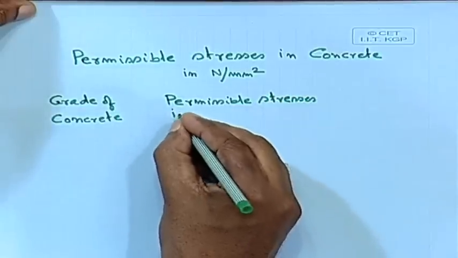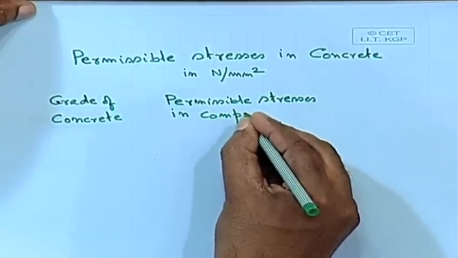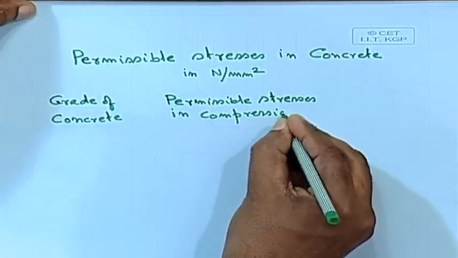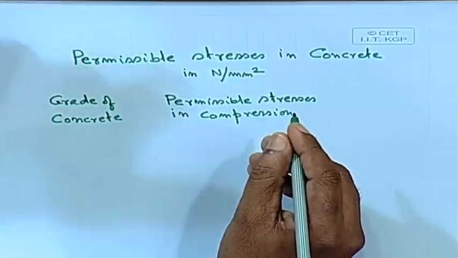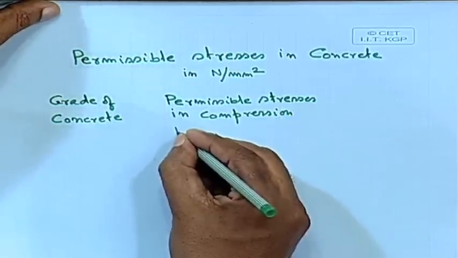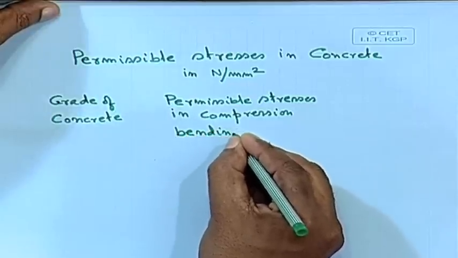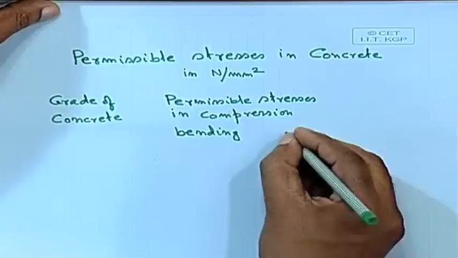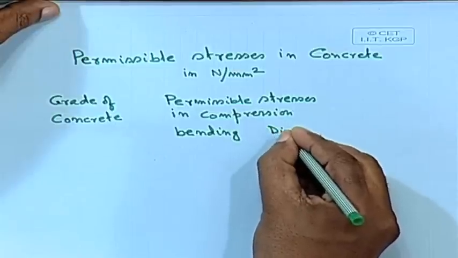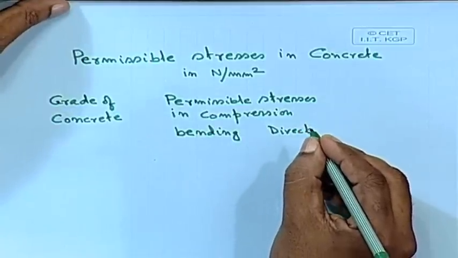Permissible stresses in compression has two parts. One is bending, another one is direct. One is called bending, another one is called direct.